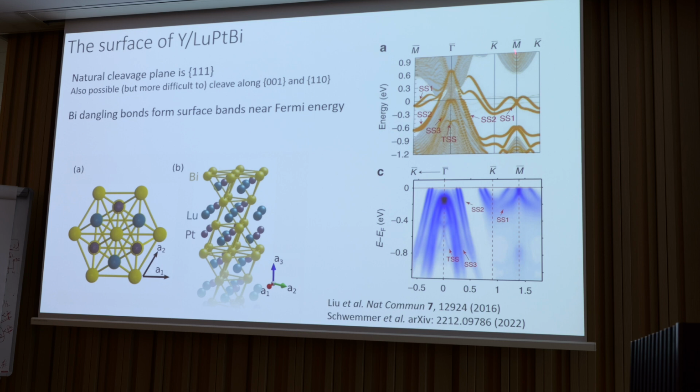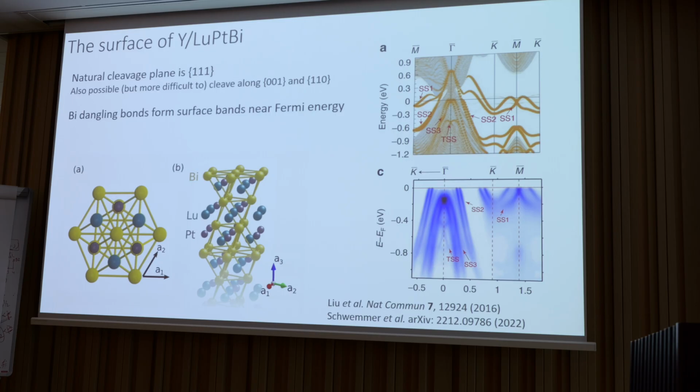It turns out also that this is not just a feature that is specific to the 1-1-1 interface or to yttrium platinum bismuth, but it is quite generic in those half-Heusler compounds and on many different surfaces. But particularly interesting is that there is this van Hove singularity here at the endpoint, which can lead to a large density of states, which in principle can drive interesting physics at the surface.